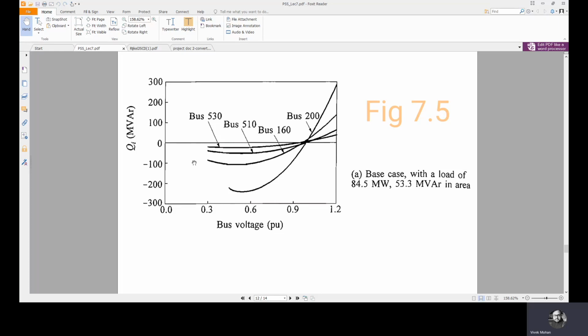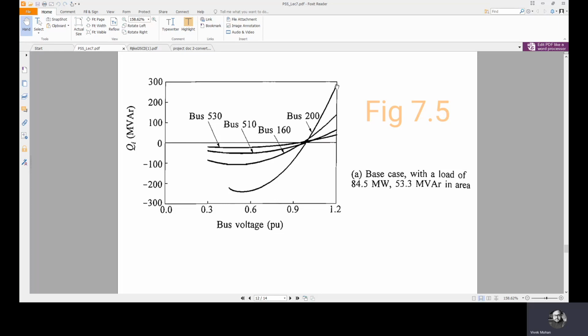Now, as I already told, what we are expecting is a reduction in voltage with respect to reduction in reactive power injection and an increase in voltage with respect to an increase in reactive power injection at a particular bus. That is what happens in this region.